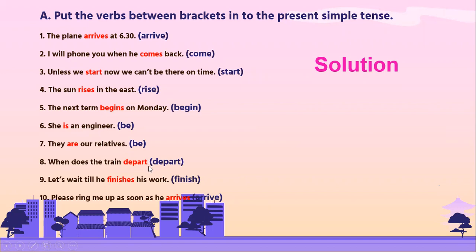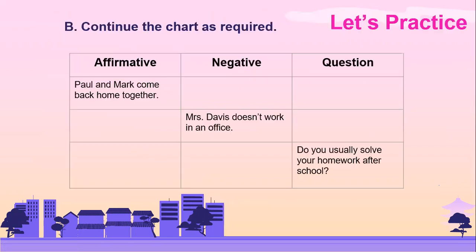We didn't say departs because we have does here. The answer would be: the train departs at such and such a time. Let's wait till he finishes his work, because he is singular. And please ring me up as soon as he arrives. Also, he arrives. We added S.